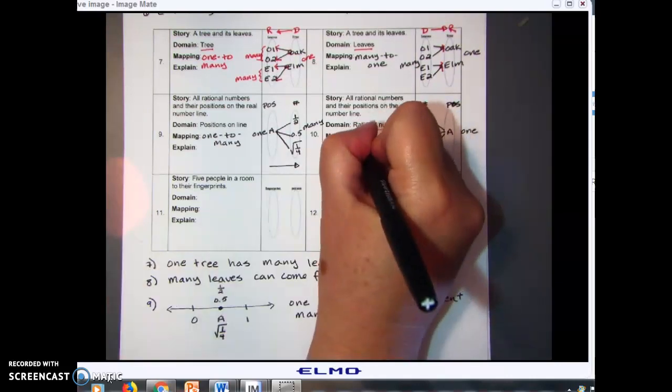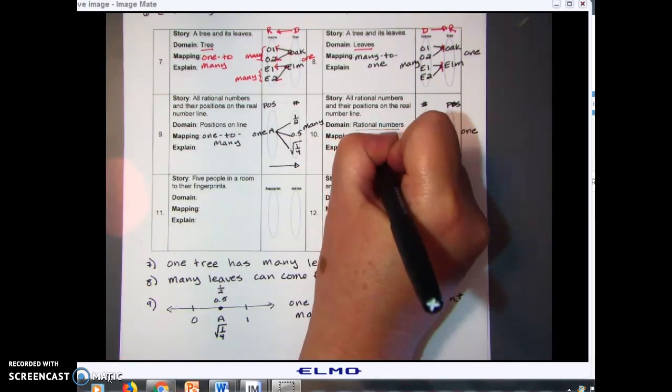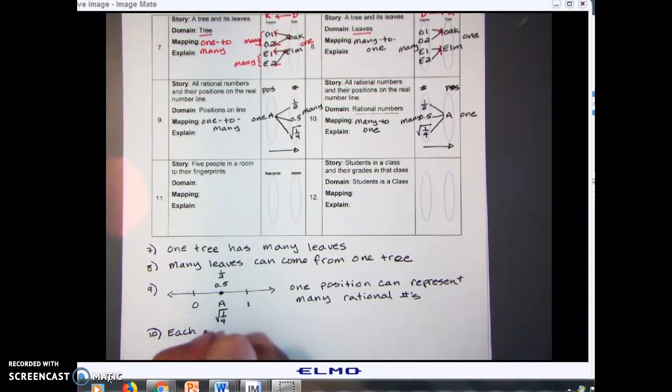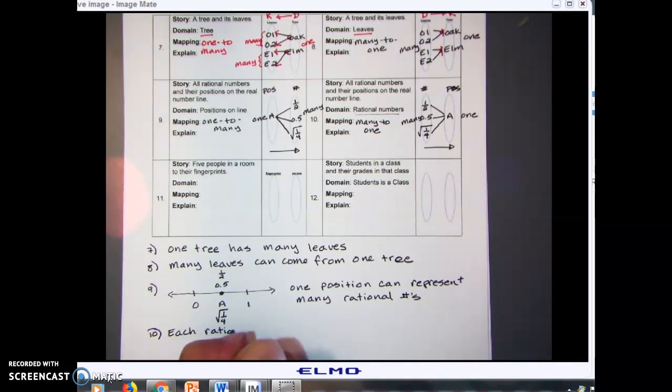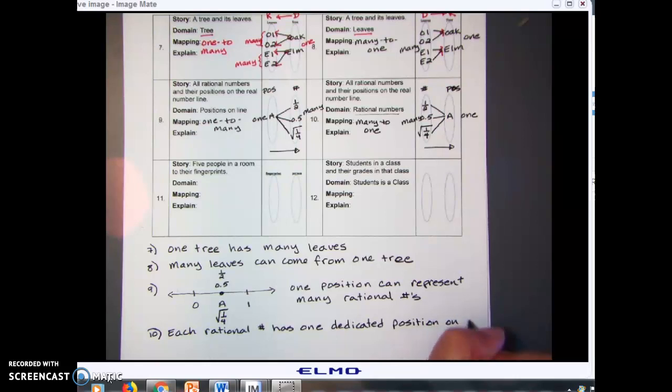So my mapping is going to be many to 1. And the explanation for that is going to be each rational number has one dedicated position on the number line.